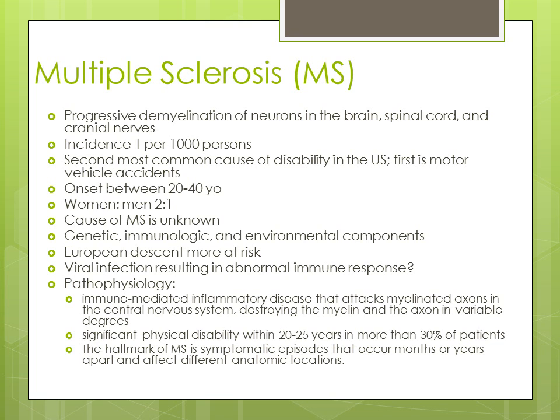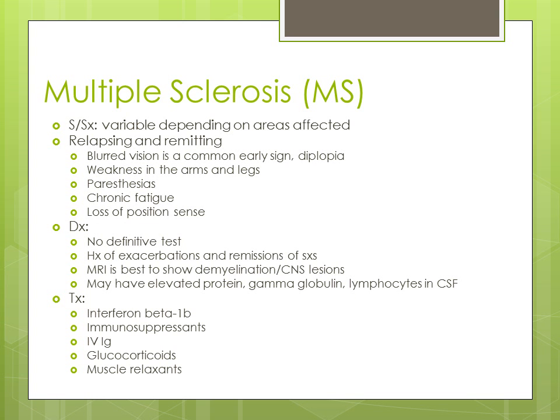And basically there are relapsing and remitting symptoms, and that's what sets MS apart from other neurological conditions, is that there will be a flare, and that's the relapse, and then it will remit and maybe be fine for quite a long period of time. So again, that relapsing and remitting really sets multiple sclerosis apart.